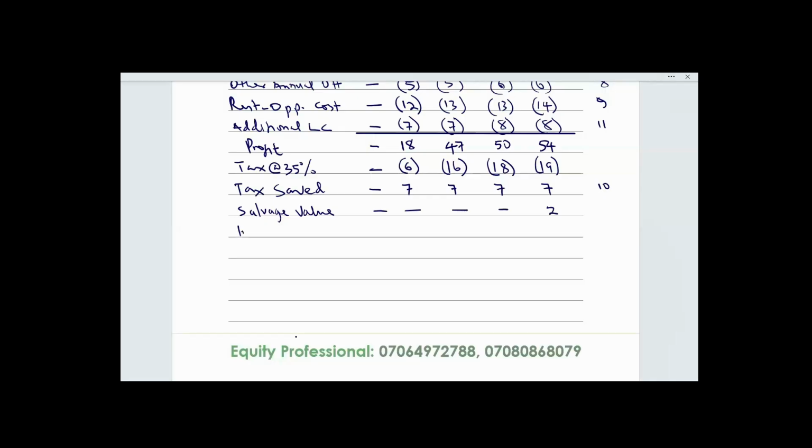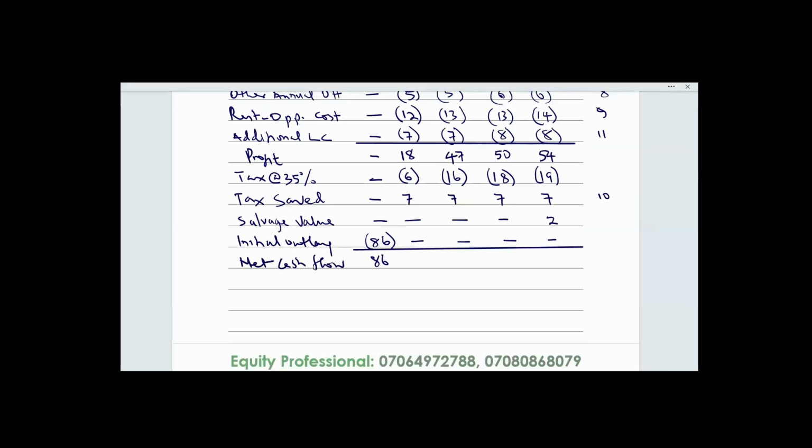Then we are going to have initial outlay. Initial outlay is 86 million. So there is no working capital in the question. Therefore, we then calculate net cash flow. Here will be 86. This is the net cash flow. All right.